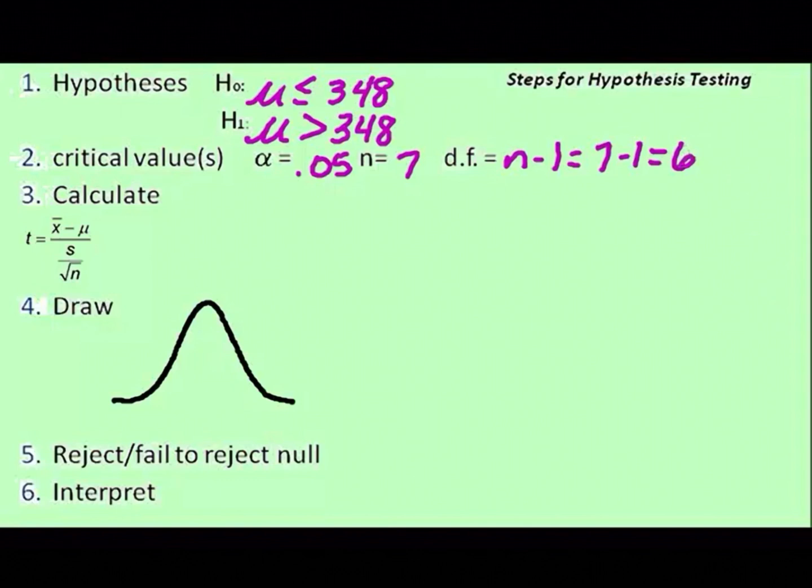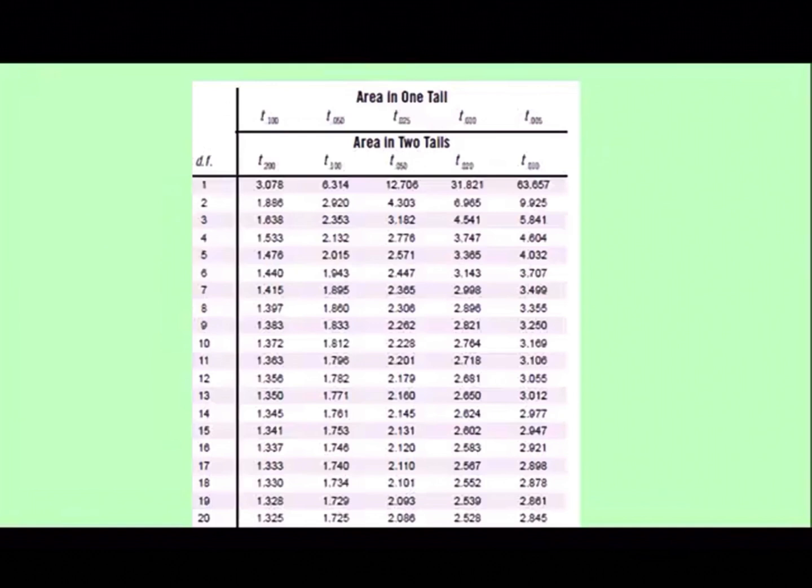So let's go find our critical t-value on the chart. Seven people, so 6 degrees of freedom. It is one tail because we're using the symbol greater than, and alpha was 0.05. 1.943.